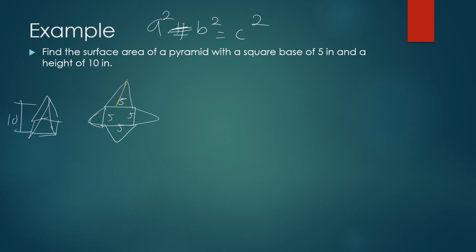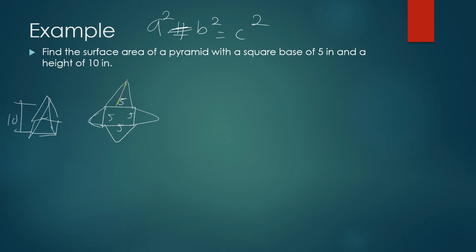Essentially, we need to find the hypotenuse of a right triangle, where the 10 would be the height and the 5 would be the base. Or in this case, 10 would be seen as A and 5 would be seen as B. So we need to find the C essentially.